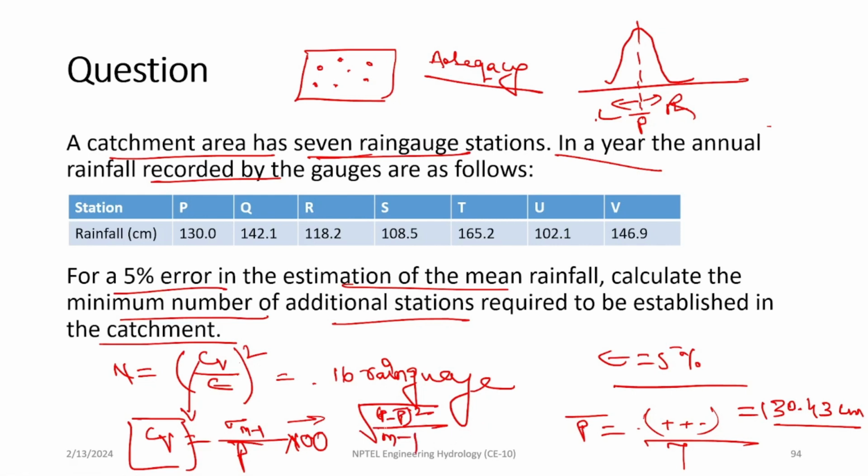Okay, so now you have already calculated the P bar value, you also know the P. Now you have to compute what about them. M is simply what? M is 7. 7. Yes, right. Now you have to compute the sigma value, sigma m minus 1.